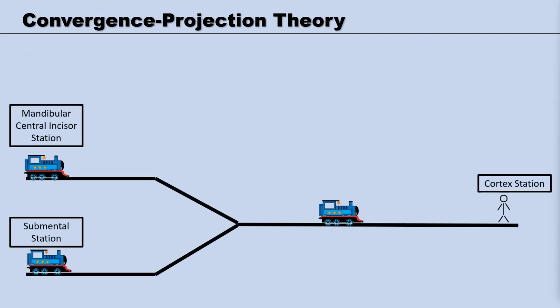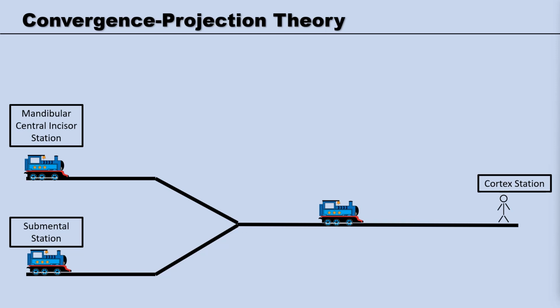Here I have stuck in an extra slide which wasn't in the lecture, but it was inspired by talking to a student. Imagine that two trains on separate train tracks converge onto a single line that ends up at the cortex station. One has come from the mandibular central incisor station. One has come from the submental station.